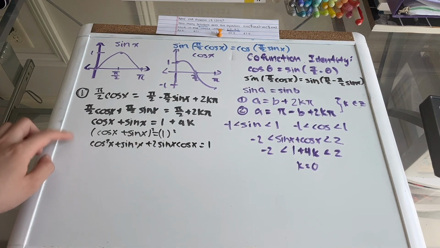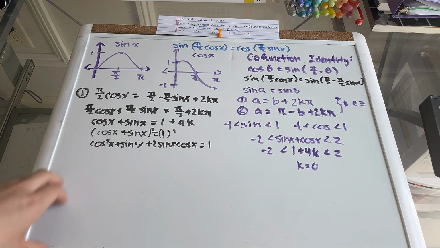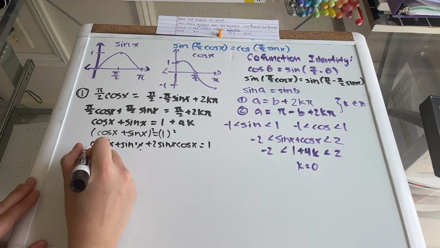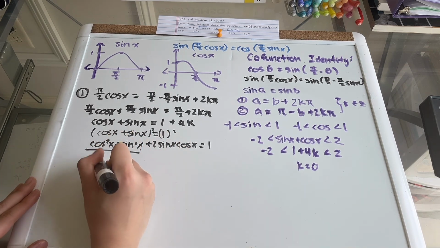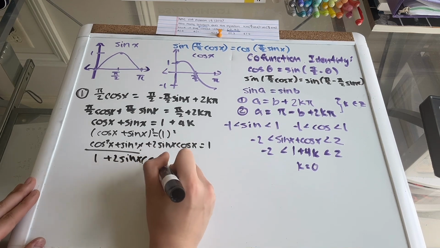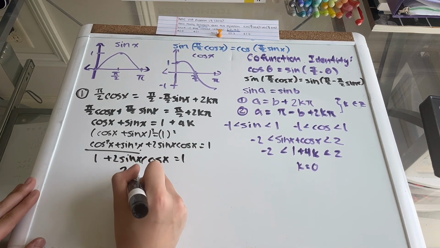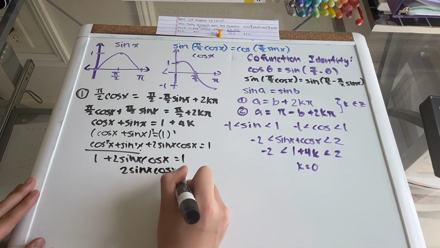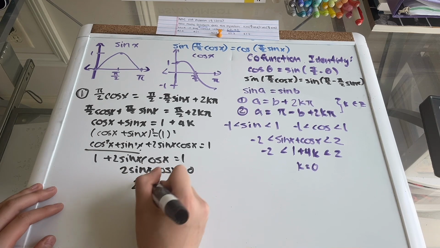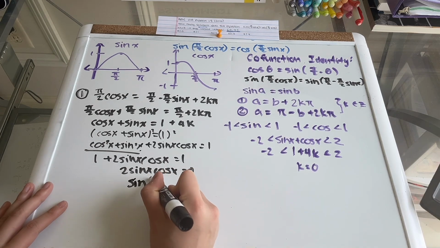But note that right here, when we were looking at the answers, there's going to be an extraneous root because we squared it. Cosine squared x plus sine squared x is equal to 1. So 1 plus 2 times sine x cosine x is equal to 1. And we get that 2 times sine x cosine x is equal to 0. This is an identity: 2 sine x cosine x is equal to sine of 2x.